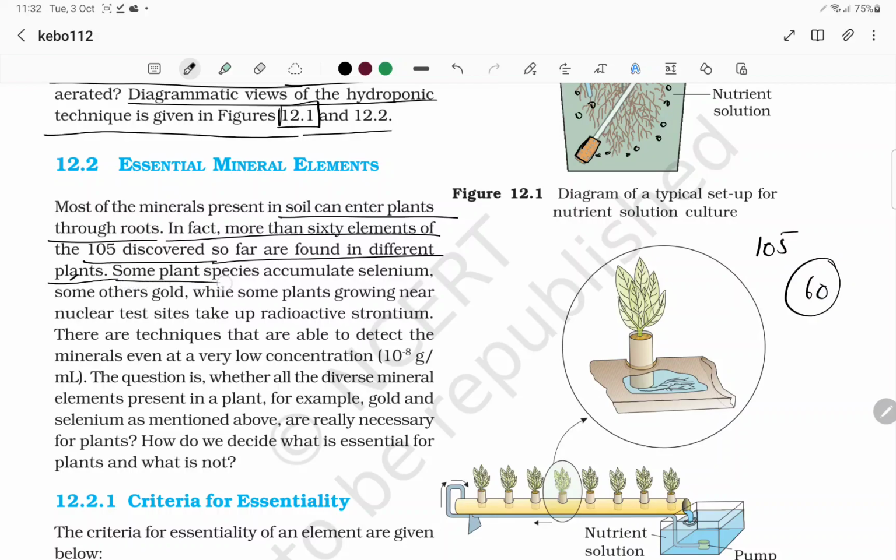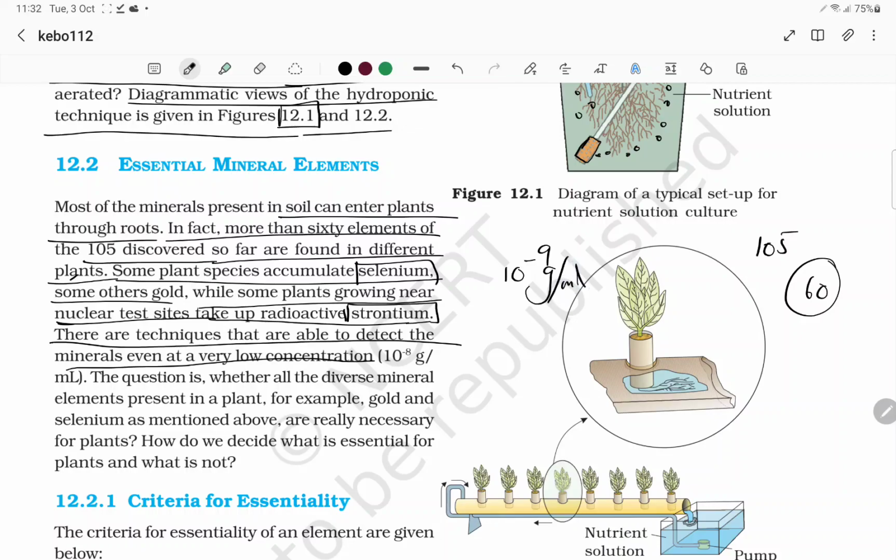Some plant species accumulate selenium and some other gold. Some plants near a nuclear test site take up the radioactive strontium. These techniques can detect a mineral even at a very low concentration, that is 10 to the power of minus 9 grams per ml.